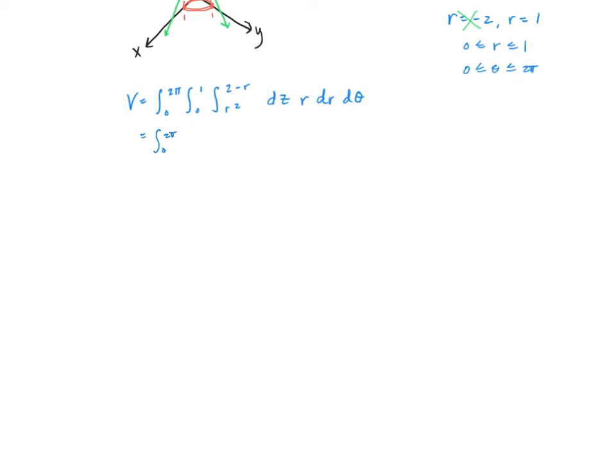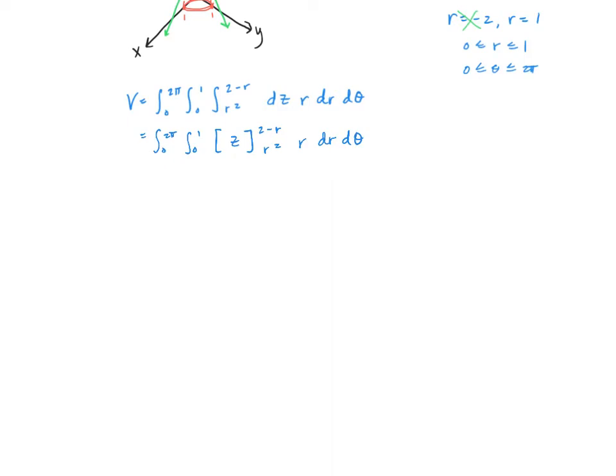So 0 to 2 pi, 0 to 1. Integrating with respect to z, this becomes z evaluated from r squared to 2 minus r, and then I have an r dr d theta.